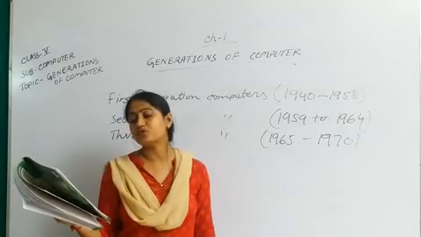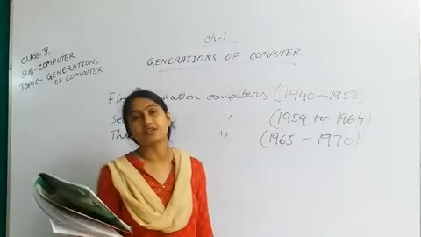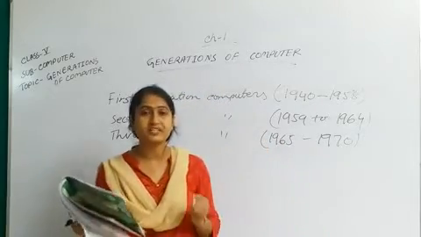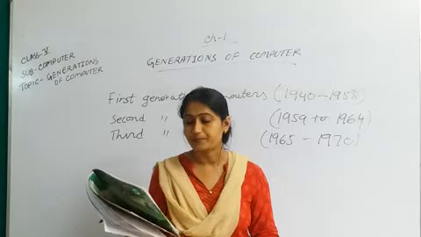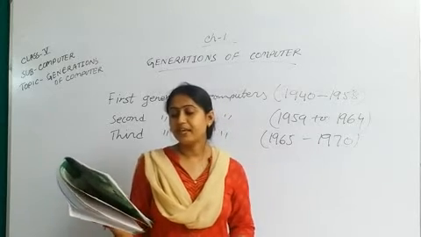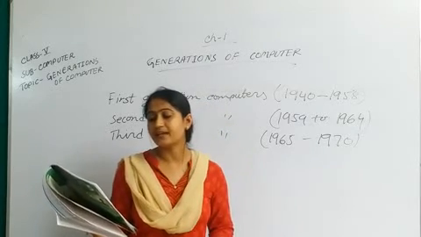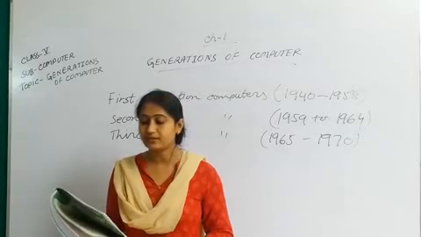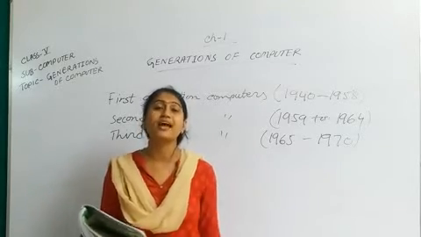They had more storage capacity than the second generation computer. They used an operating system that allowed running different programs at the same time. In the first generation computer there was a limitation: only one problem could be solved at a time.